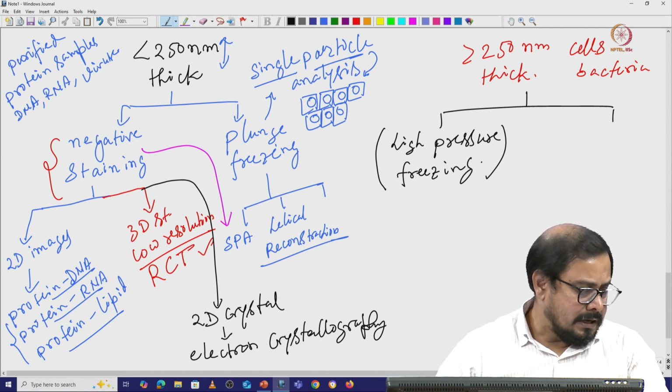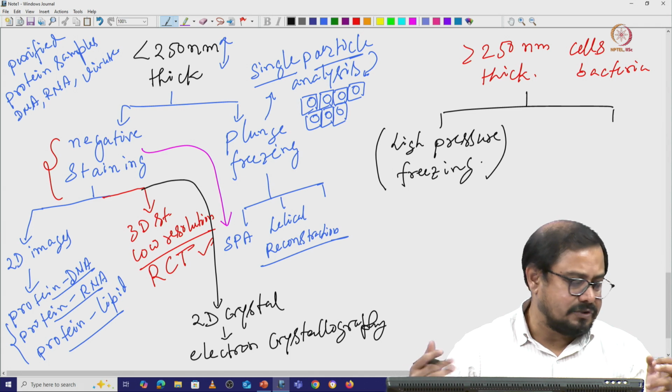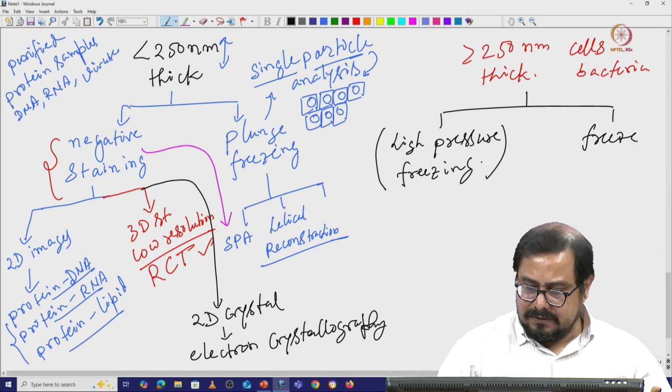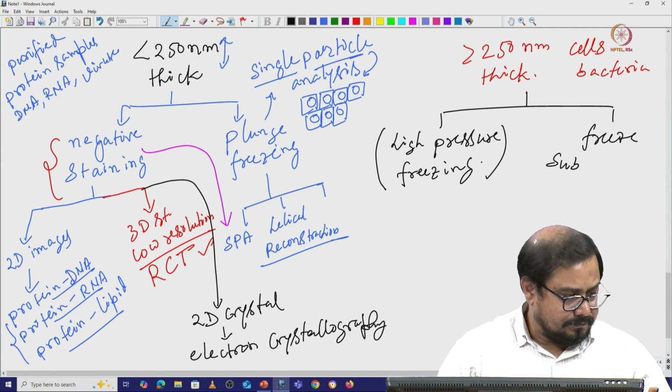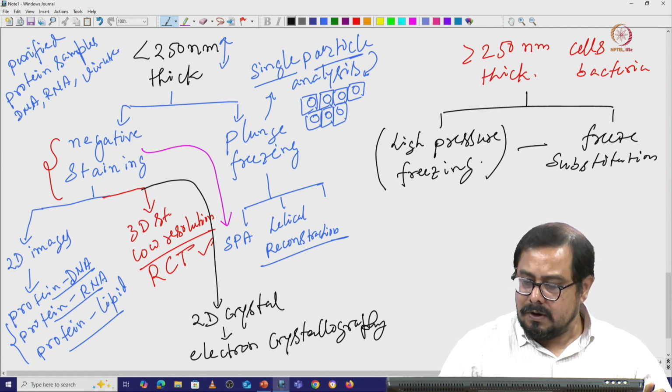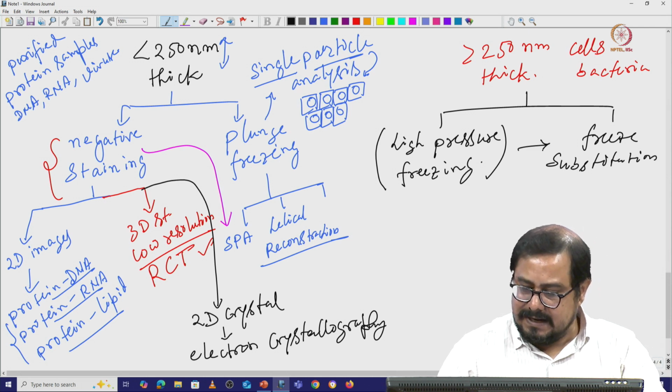So, here is another step, it is called freeze substitution. This can go this direction also.